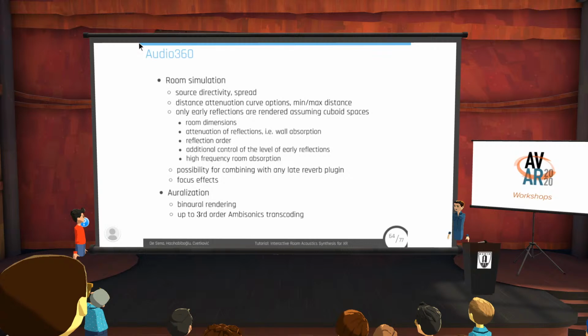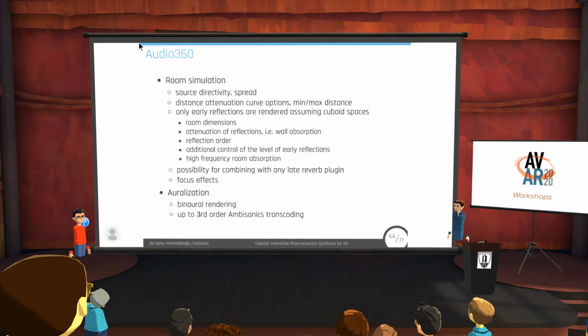Modeled environments are cuboid rooms, and only early reflections are rendered given room dimensions, frequency-independent wall absorption, and maximum reflection order. There is a possibility for additional control of the overall level of early reflections, frequency absorption of the room to simulate empty or full rooms, and focus effects which attenuate early reflections outside of a desired region.